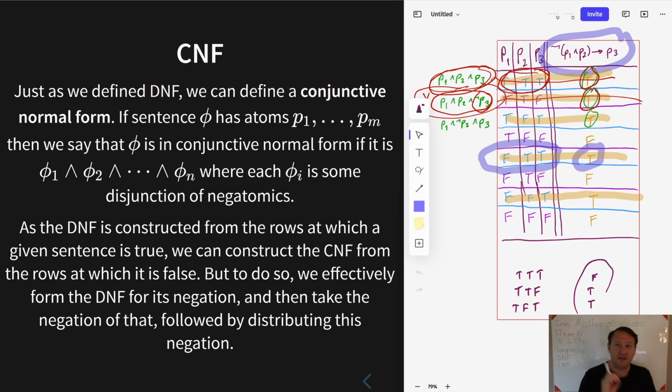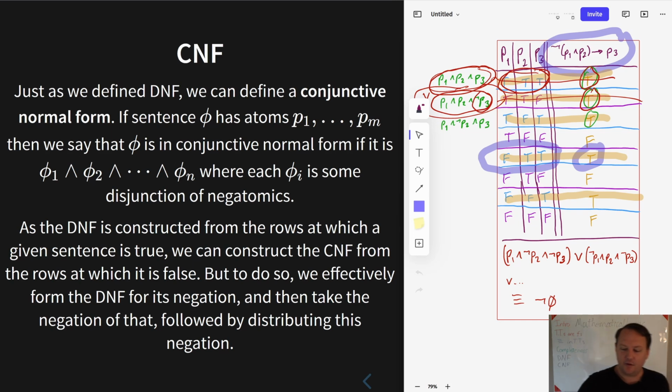What that effectively gets us is the disjunctive normal form of the negation of the sentence, right? So in this example, if I were to read off the rows at which the sentence is false, I would start forming the following disjunctive normal form.